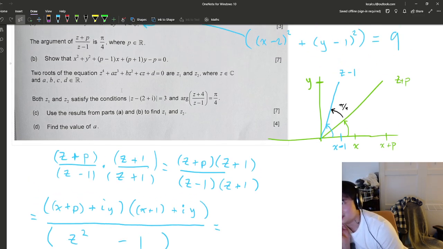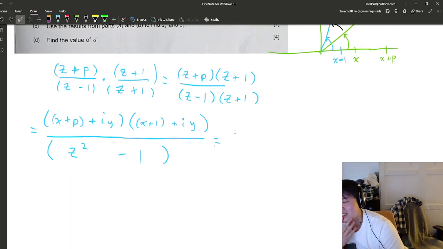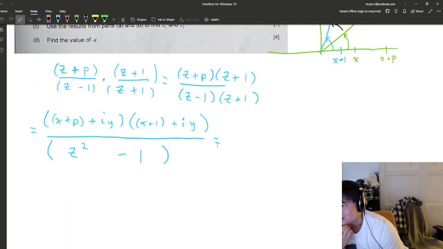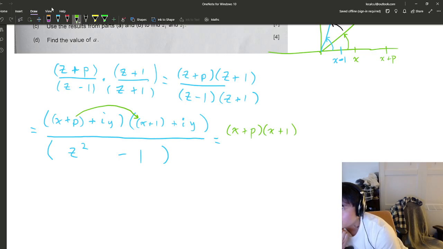Dude, this is so tedious. 7 marks? Oh my god. They really out here expecting you to do this. Ugh. Okay. Ew. I don't know.